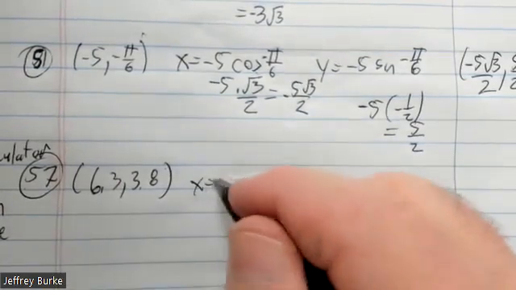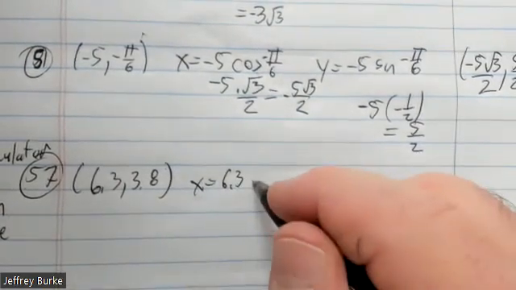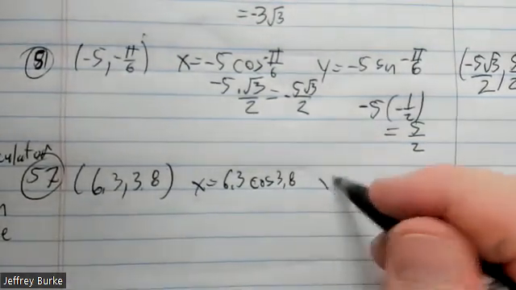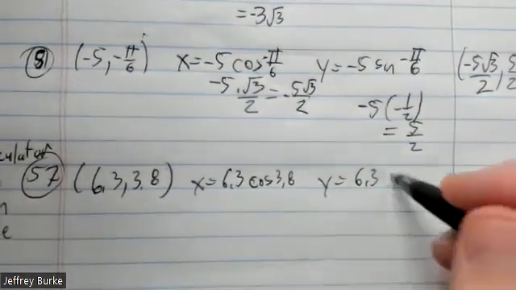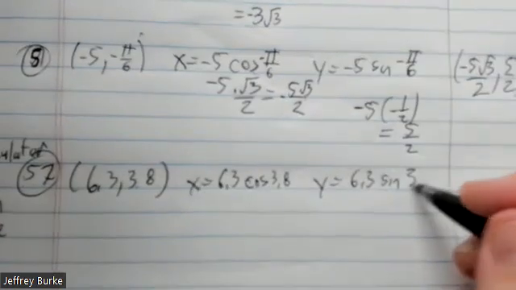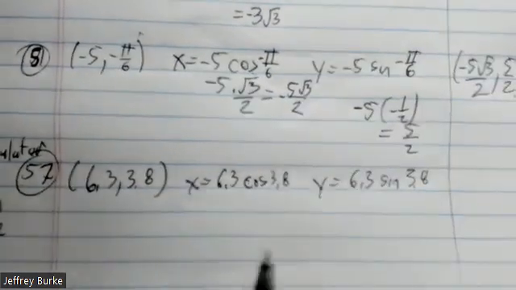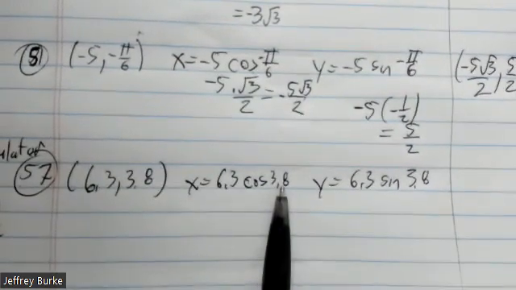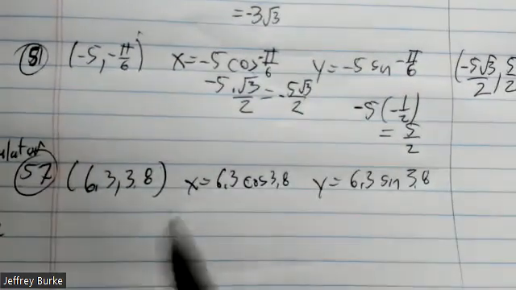This first one, x is gonna equal 6.3 times the cosine of 3.8, that's in radians. Y is equal to 6.3 times the sine of 3.8. Now, this is gonna take us in the third quadrant because it's just a little bigger than 3.14. So these are both gonna be negative.